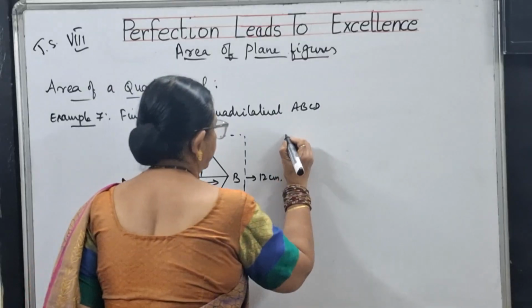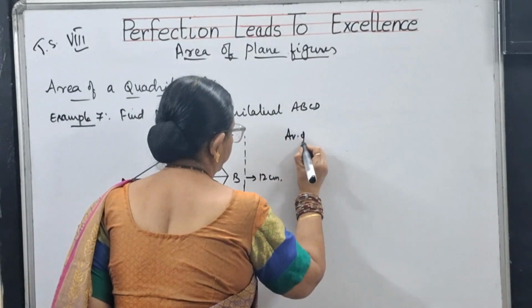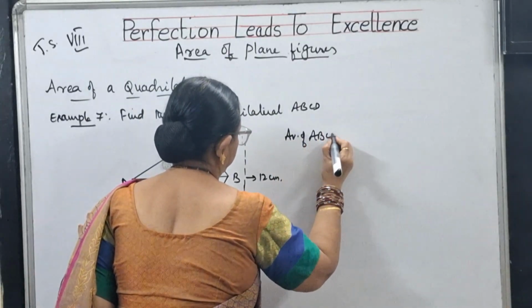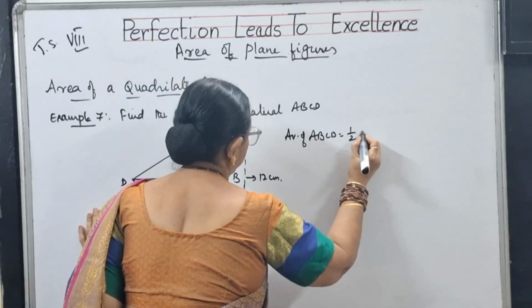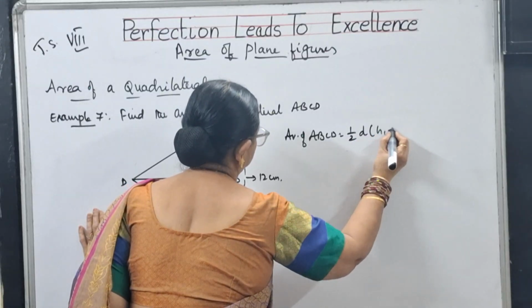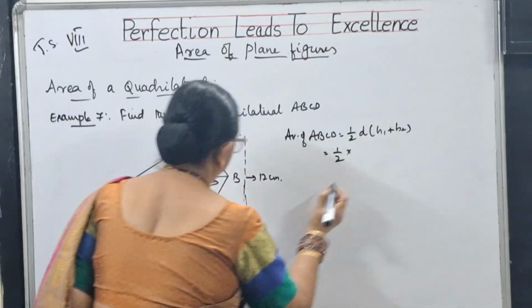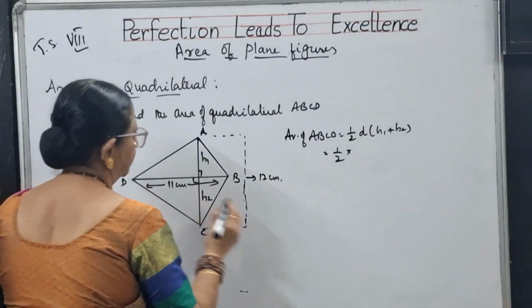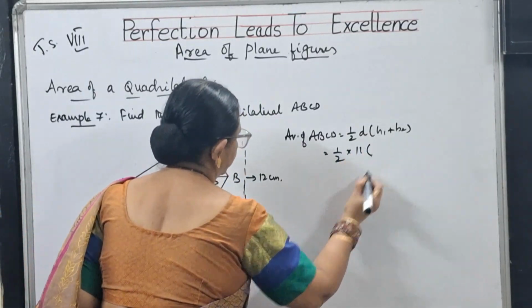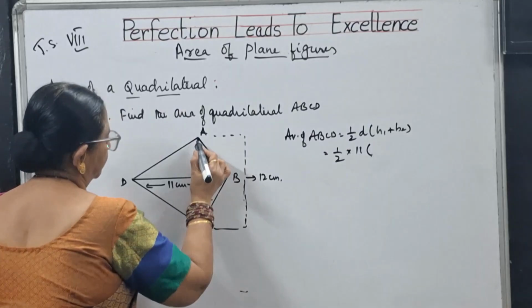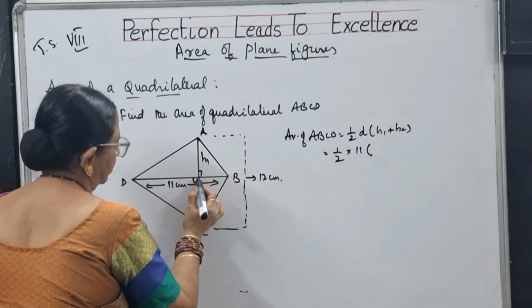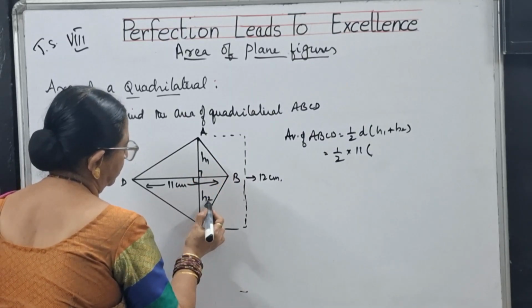Now let us see what is the area of ABCD. The formula is half D into H1 plus H2, where D is the diagonal, 11 centimeters, into H1 plus H2. See, from here to here it is H1, from here to here it is H2.